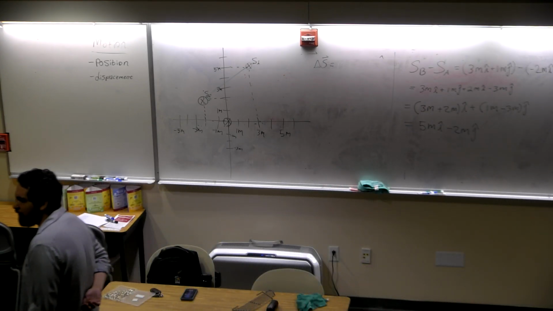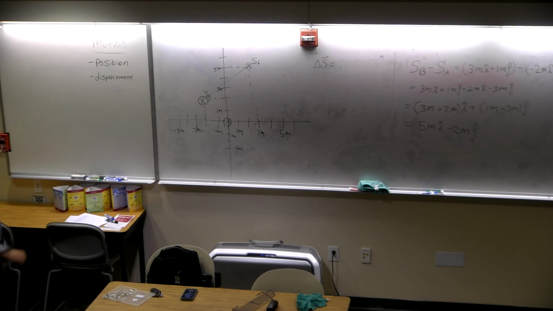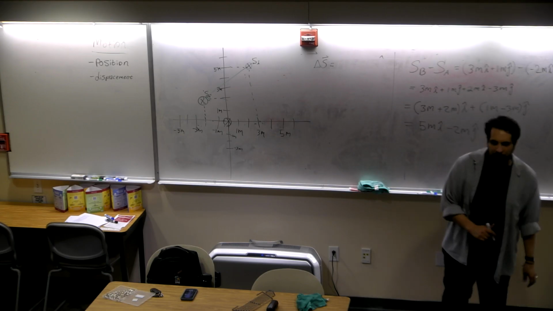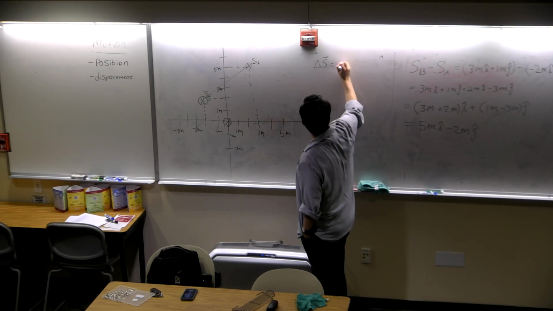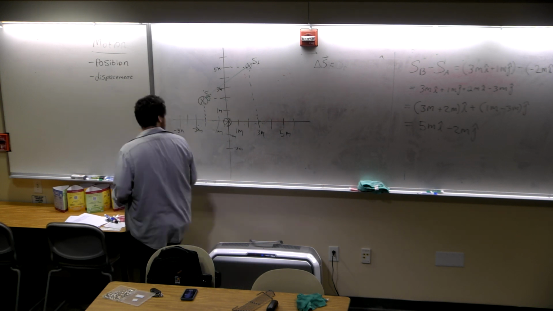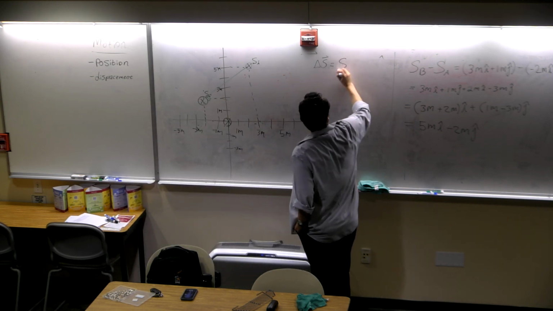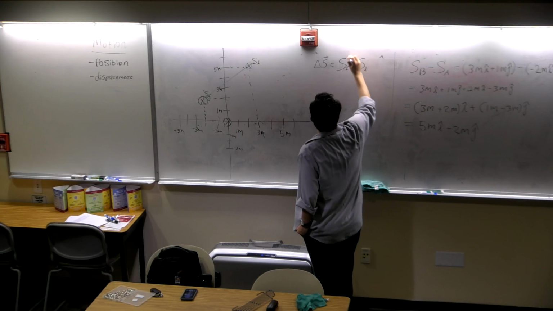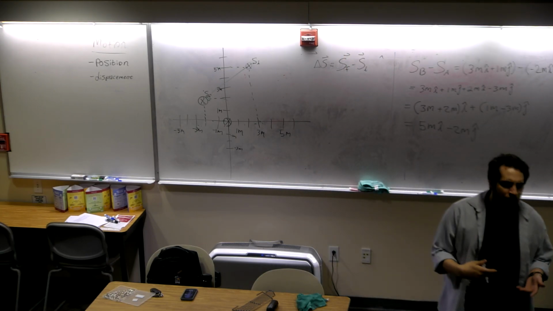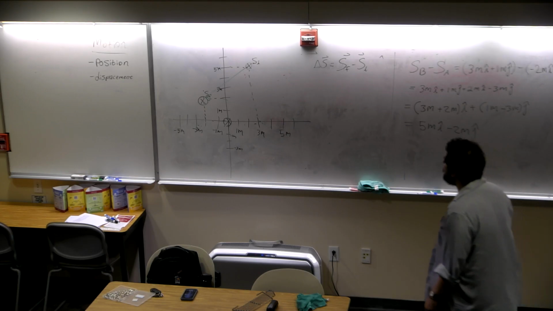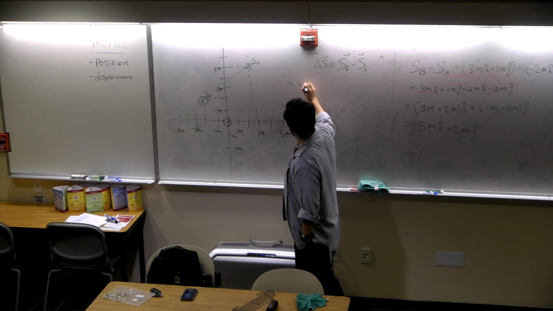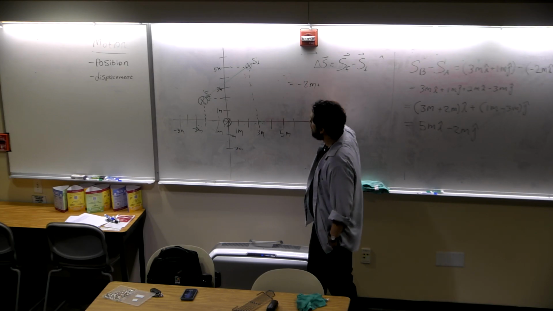Our final position is going to be negative 2 meters i hat plus 2 meters j hat. Did I get that right? For our final position. Then our initial position is going to be 3 meters i hat plus 5 meters j hat.